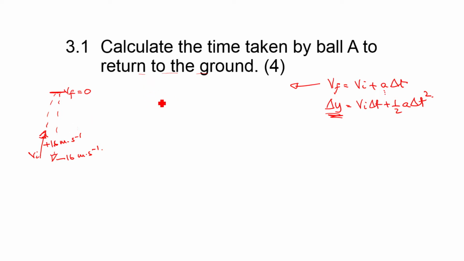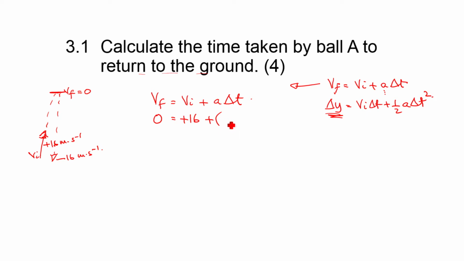So we're taking upwards as positive. We say Vf is equal to Vi plus A delta t. Now I'm going to put in all the values that I know. Vf is going to be equal to 0, and Vi is going to be plus 16.